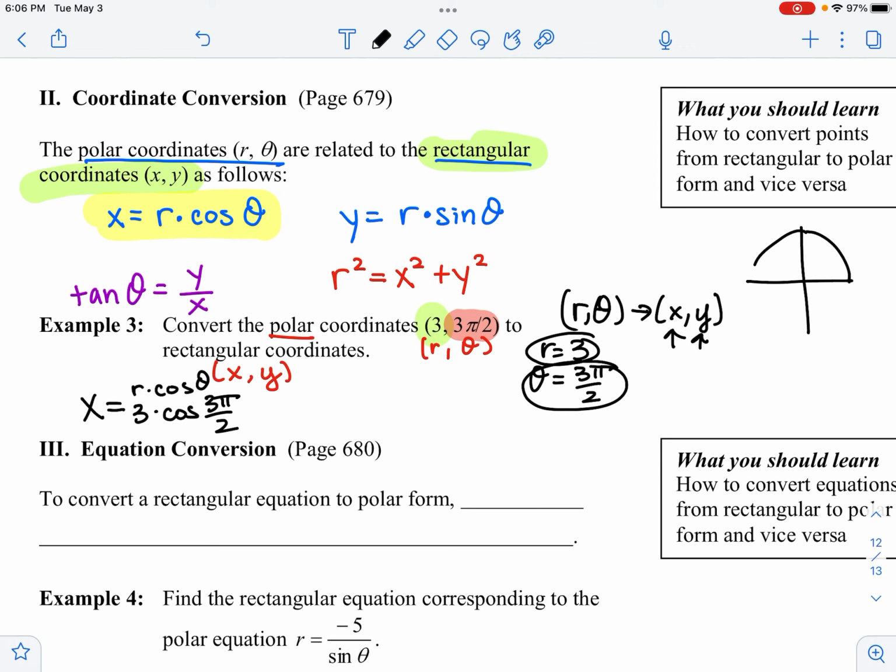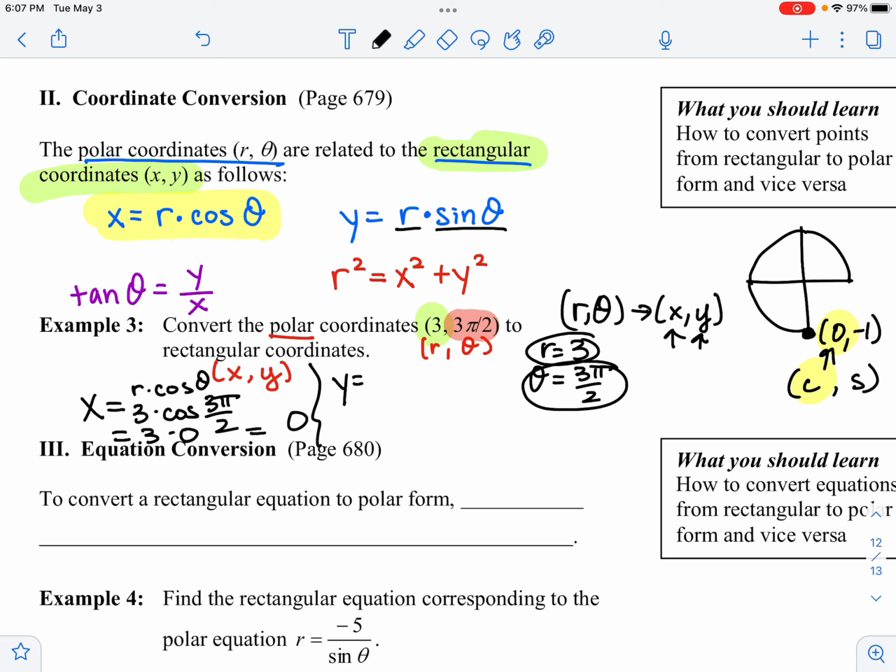So here's 1 pi over 2, 2 pi over 2, here's 3 pi over 2. That's a 270-degree angle. That point right there on a rectangular coordinate grid is 0 comma negative 1, which remember is cosine, sine. So the cosine of 3 pi over 2 is 0. So that is really 3 times 0, which is just 0. So x is 0.